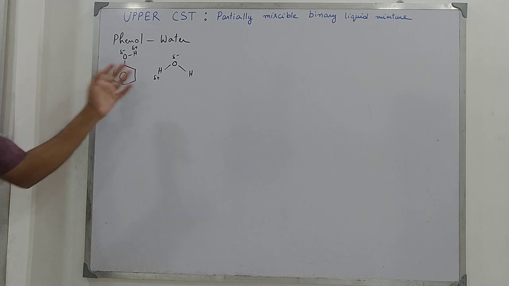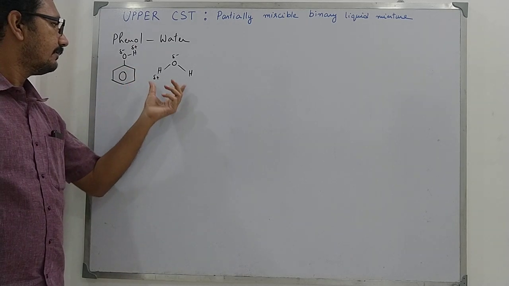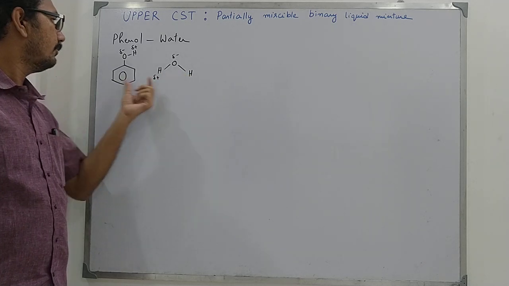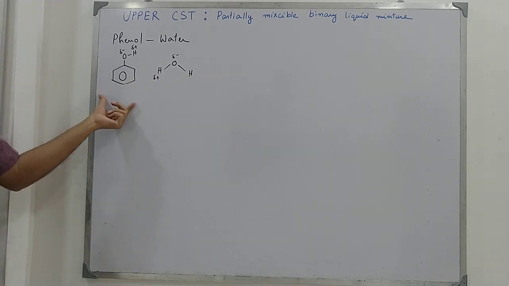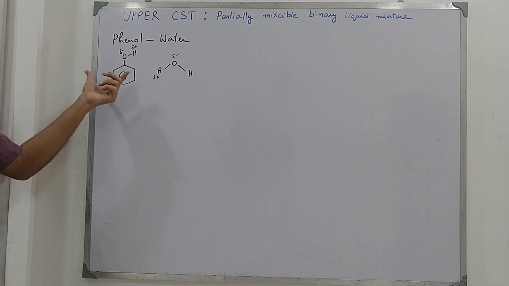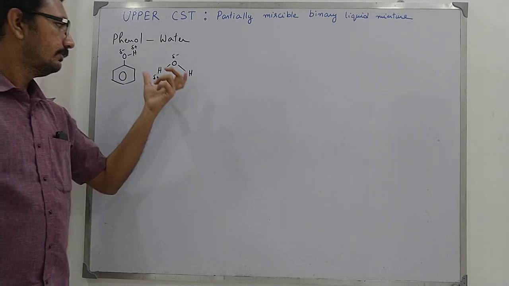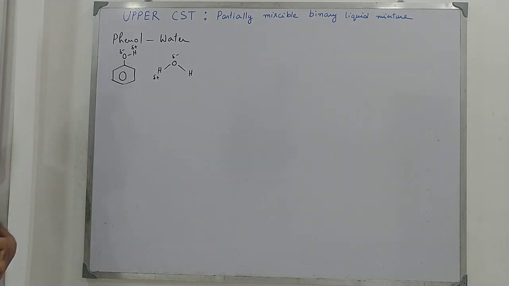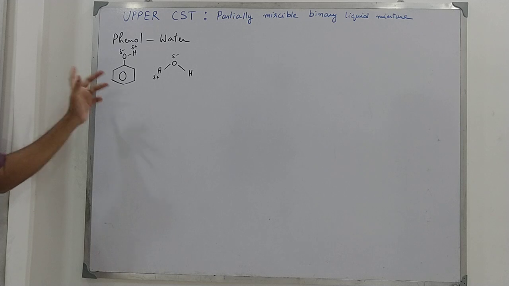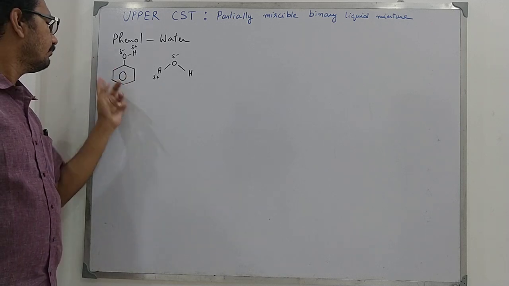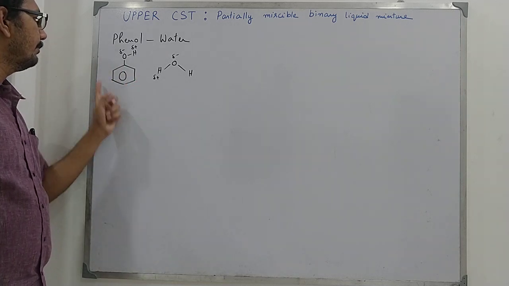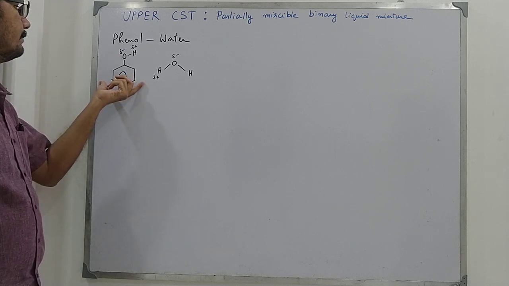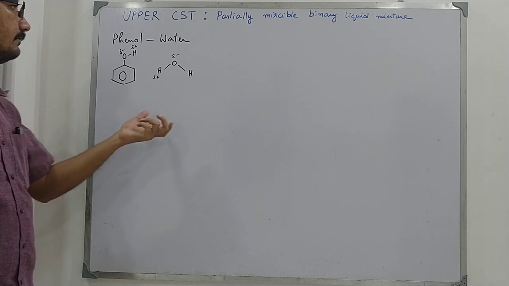Owing to this interaction, you will find water to be soluble in phenol, and also you will find phenol to manifest solubility in water. But with an increase in amount in both cases, owing to this large benzene ring which is hydrophobic, it will form a separate layer.